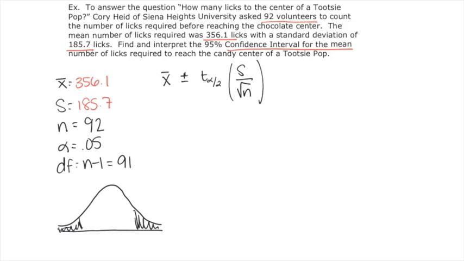So if 0.05 is area in both tails, then each tail is 0.025. Using our inverse t, we're going to use that area to the left, which is 0.025, and the degrees of freedom of 91. And our critical value is going to be 1.986.